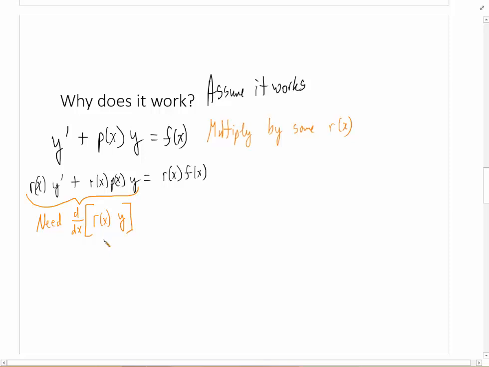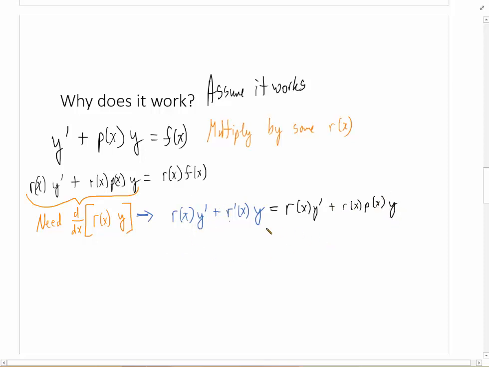Well, if I calculate the derivative of r of x y, that would be r of x y prime plus r prime of x y. So I need that derivative to be the same as the left-hand side. I need that to equal r of x y prime plus r of x p of x y.